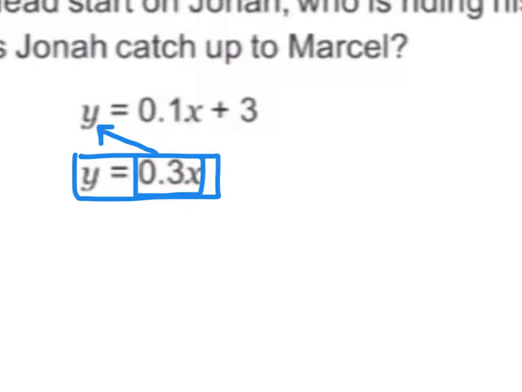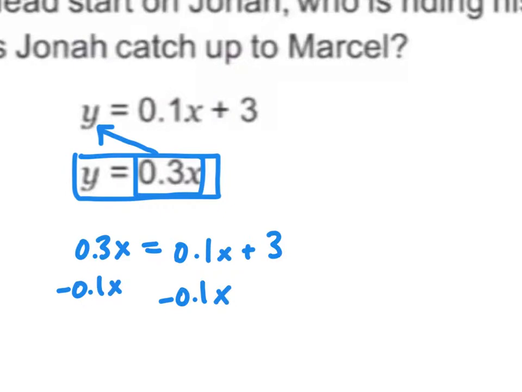So what I would do then is write 0.3x is equal to 0.1x plus 3. Then I would subtract 0.1x from both sides. Those cancel out and add to 0.